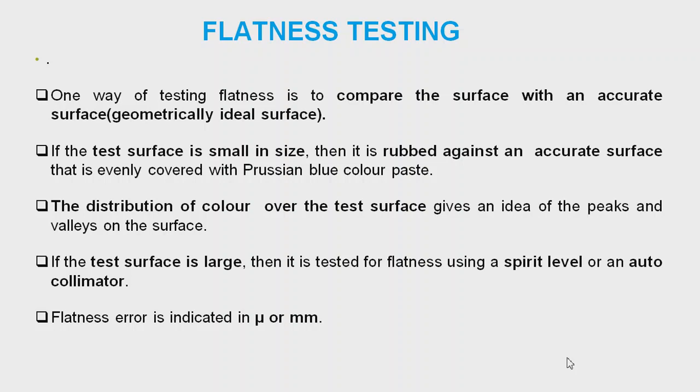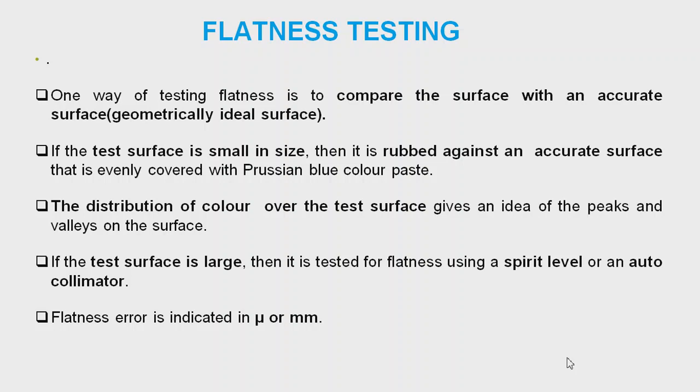The distribution of color over the test surface gives an idea of peaks and valleys on the surface. If the distribution is uniform, then there are no peaks and valleys. But if the distribution is non-uniform, then we can easily understand that there are peaks and valleys on the surface. And by the quantum of non-uniformity, we can easily check the flatness.